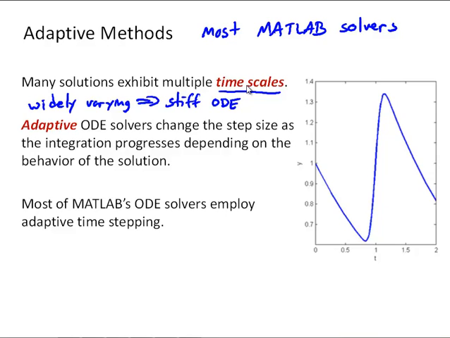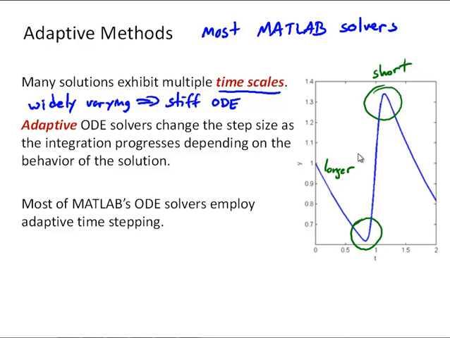But in general, a lot of solutions exhibit multiple timescales, and here's an example where we have a slowly changing function and then a rapid change in the derivative here and there, and then back to a slow change. So here's a short time scale and then a longer time scale.